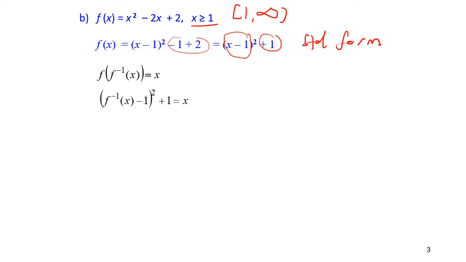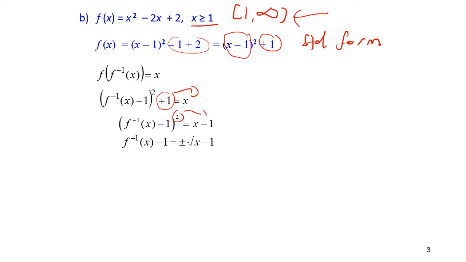First we bring the positive 1 to the right hand side, so it becomes x minus 1. Then if we bring the square to the right hand side, it would be plus or minus, so there are two possibilities. To determine which one to use, either positive or negative, we check the restricted domain.